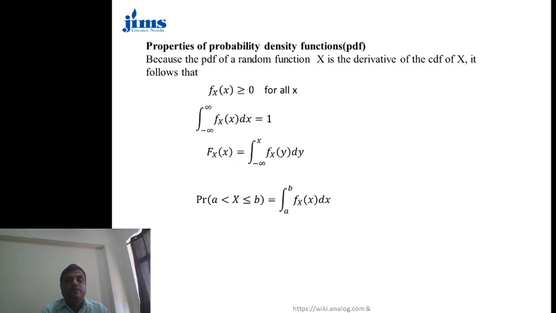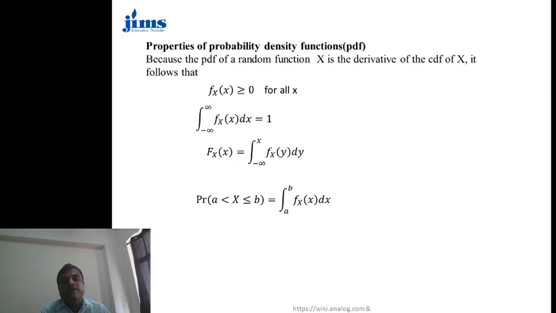Similarly, what are the properties of the probability density function or PDF? First, a PDF f(x) is always greater than or equal to 0 for all values of x. Similarly, if we integrate this function f(x) from minus infinity to infinity, its value becomes 1.